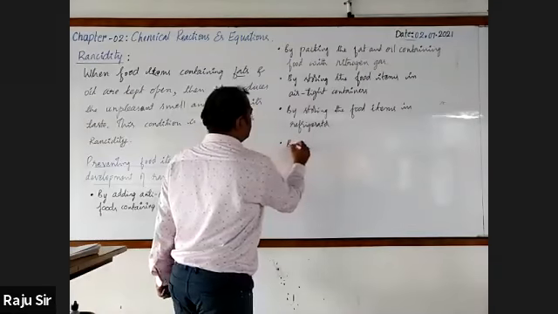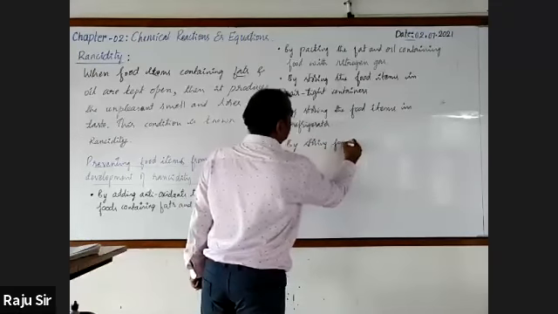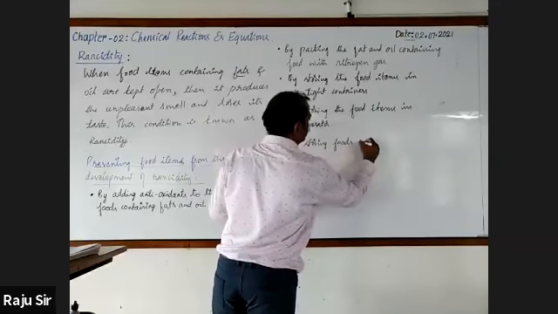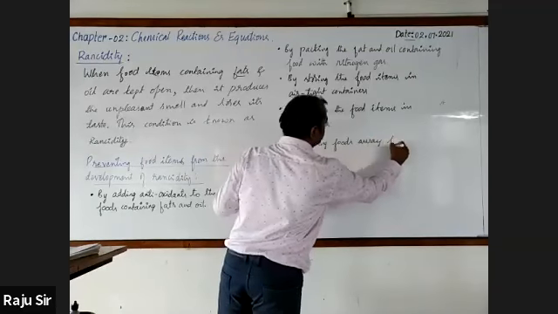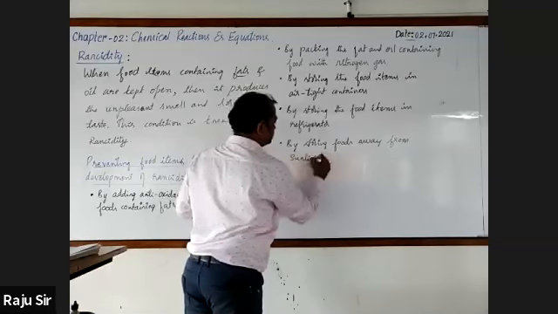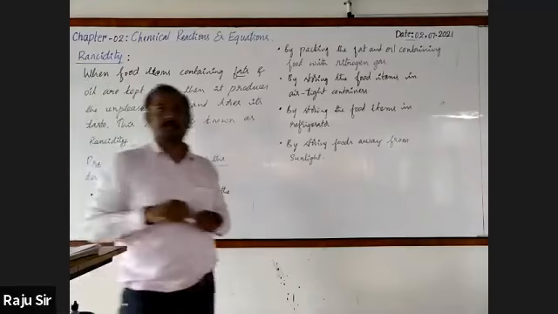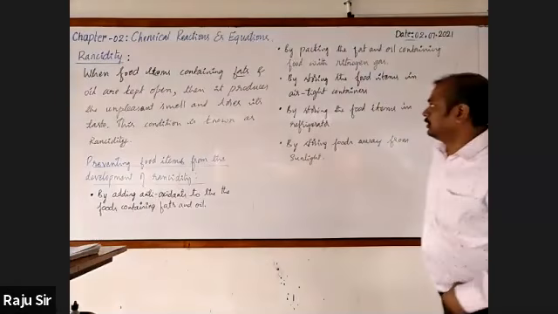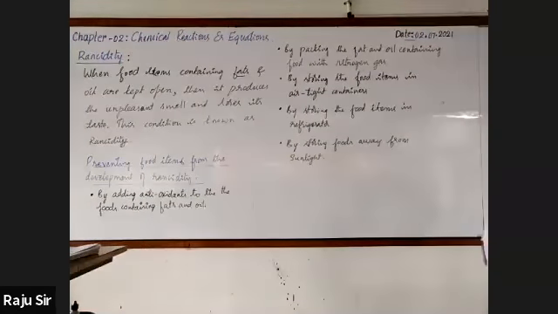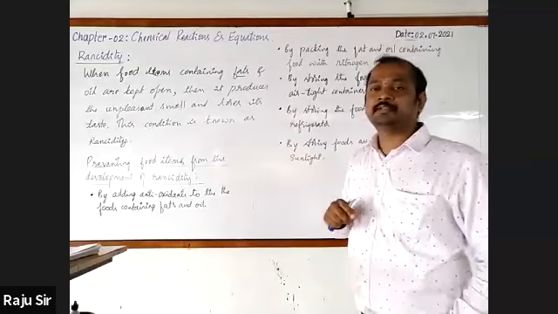Then by storing foods away from sunlight. These are the methods using which you can prevent the food items from the development of rancidity.